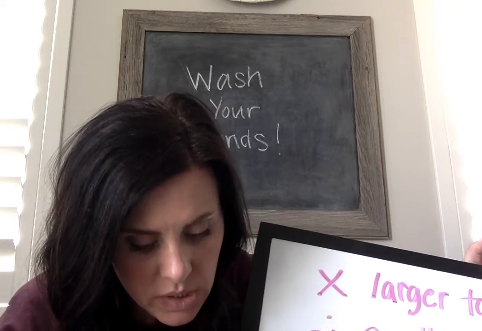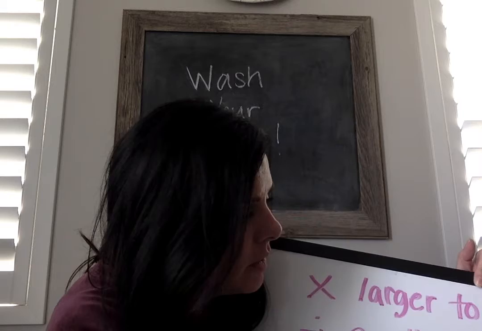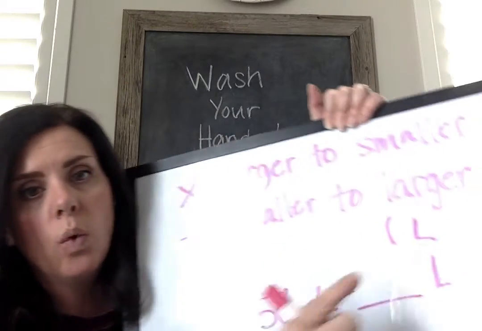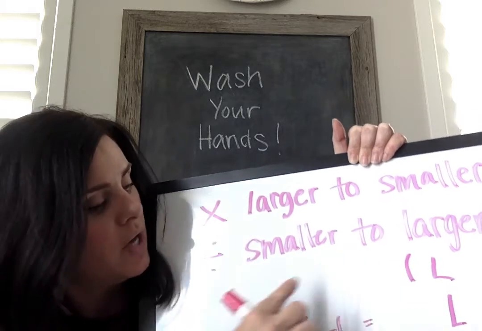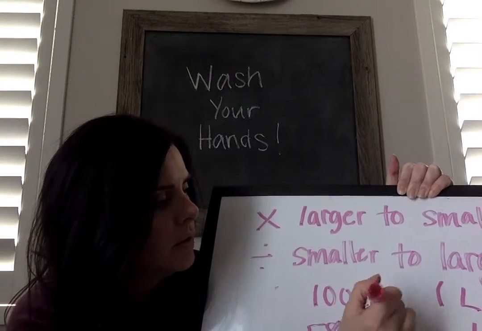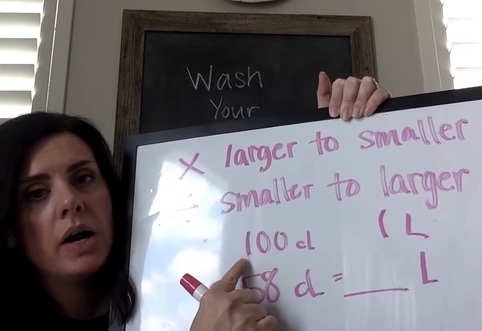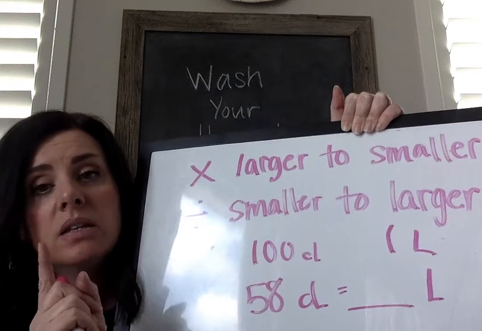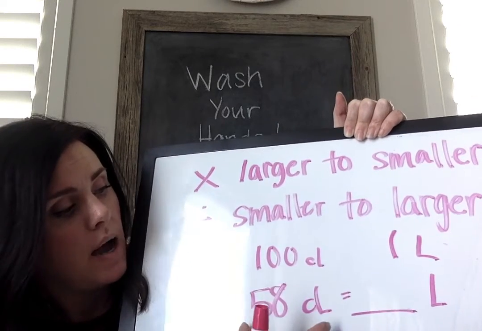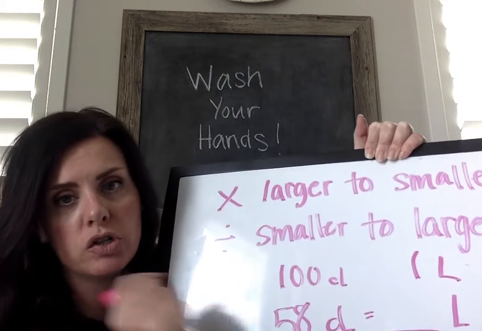up at the top, for every 1 liter, so I'm going to fill in my gaps right here in my chart. For every 1 liter, there's 100 centiliters. Okay, so from here, I'm going from 100 to 1. That's another way for me to know that I'm dividing, but I also know that I'm going from smaller to larger.